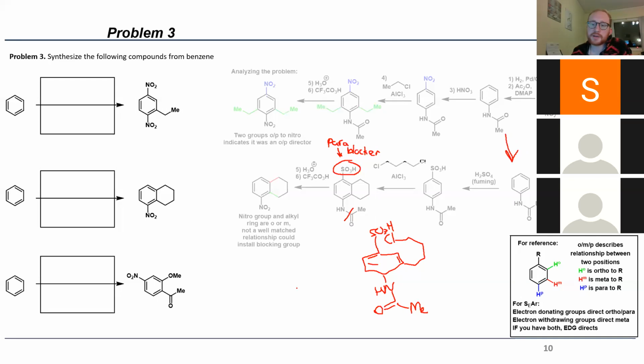And so it turns out that the second step here is controlled by proximity and not necessarily by the electronics of the ring. And so it favors the formation of this CC bond because it's the only one accessible to it.